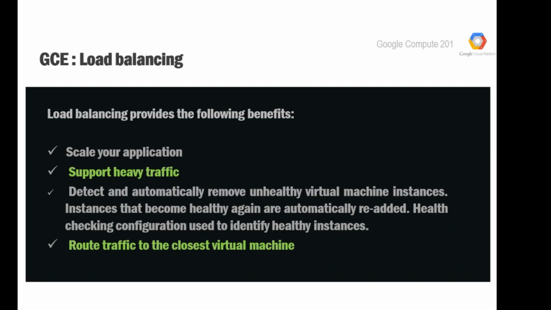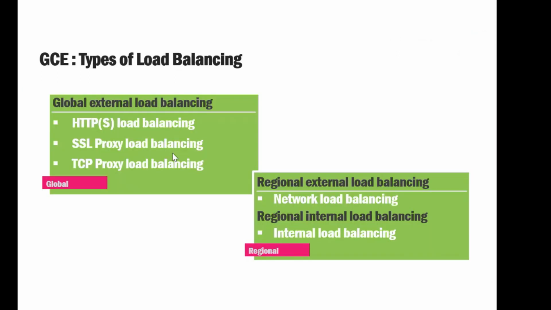Instances that become healthy again are automatically re-added. Health checking configuration is used to identify healthy instances. And it routes traffic to the closest virtual machine. These are some of the tasks that we achieve with the help of a load balancer.